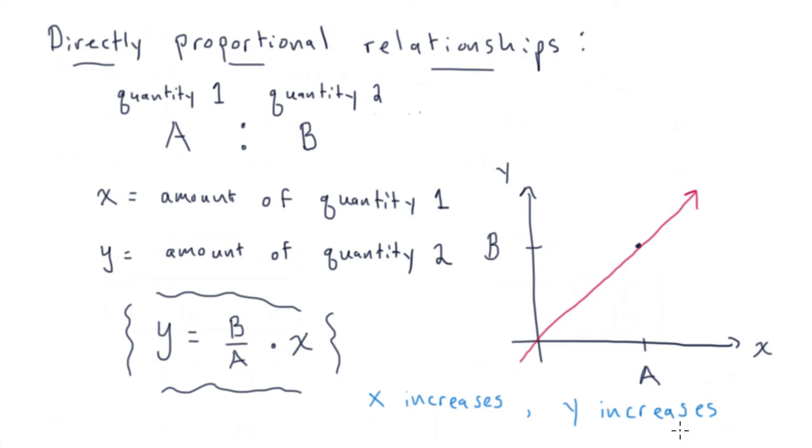Okay, so if we do have a directly proportional relationship, as one quantity increases, the second quantity is also going to increase, and those quantities are going to increase together proportionally by this factor b over a. Okay, so that's just a quick review of what a directly proportional relationship looks like.